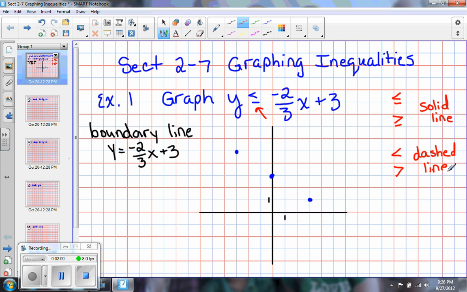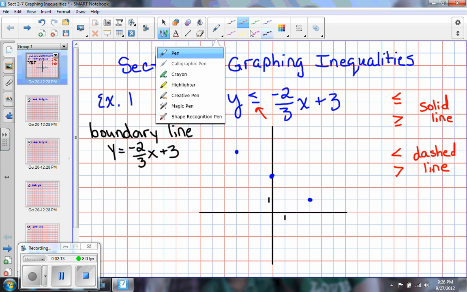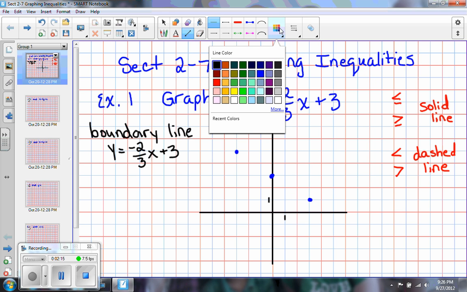Just like on a number line when we were solving inequalities like x is less than 5, and we made an open circle, for a linear inequality we'll make a dashed line. So in this case, we're going to have a solid line.